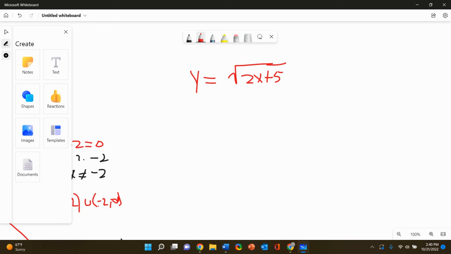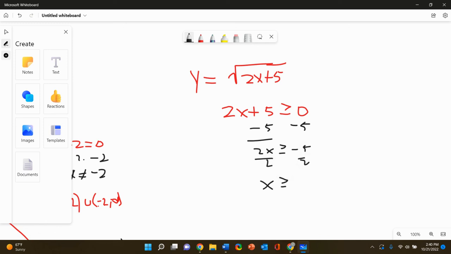So we can't have a negative outcome in that radical. So we're going to take this and say that it has to be greater than or equal to 0. And so we'll just solve that out real quick. We'll subtract 5. And that'll give me 2x is greater than or equal to -5. We'll divide by 2. And so x has to be greater than or equal to -5/2.